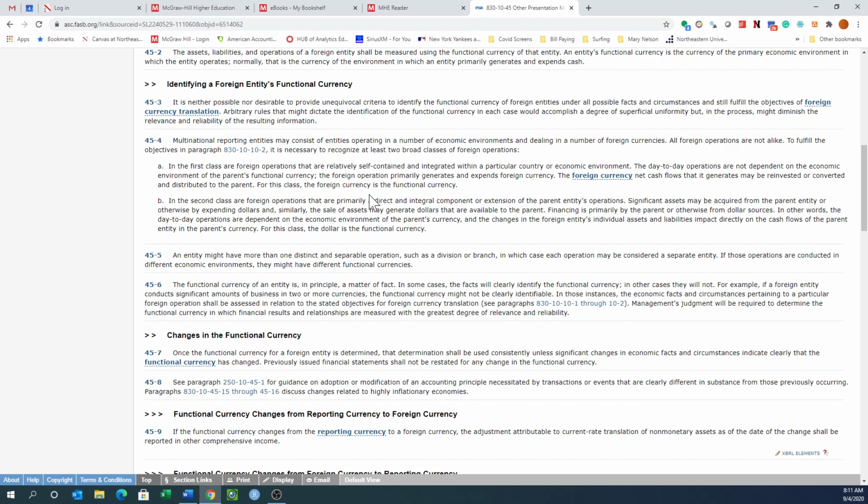And we have to consolidate all of that financial information into the US company's operations, so that when we create a financial report, that financial report not only has the US operations, but it also has the foreign operations, but translated into our functional currency, which is the US dollar.